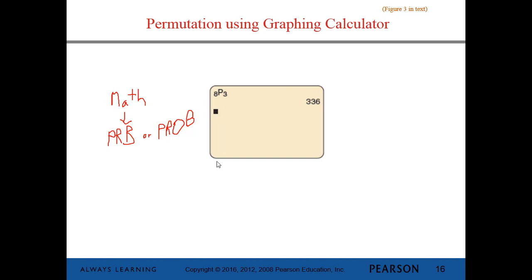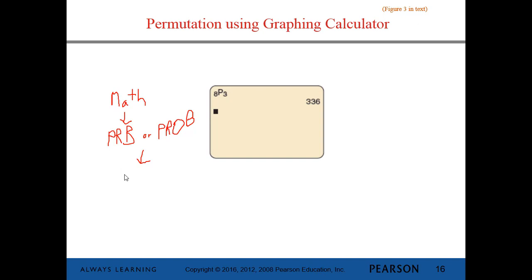Now the thing is on your calculator, you'll have to either put in the number N first, then find NPR, and then enter in your R value, or your calculator will allow you to just fill in some empty boxes. Again, in this case here, they're filling in the empty boxes here.